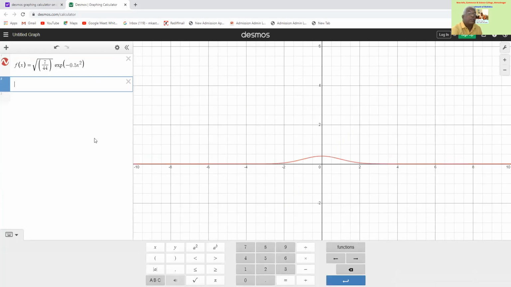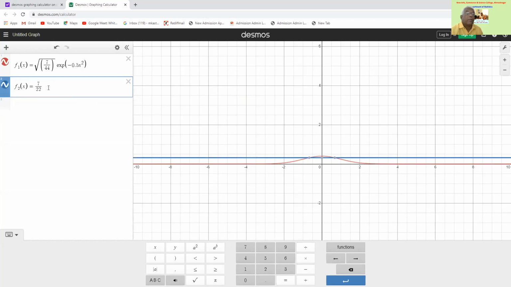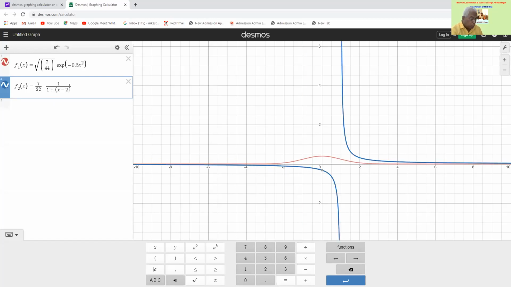And the second density I am going to consider, let us write this as f1x, is 7 upon 22, 1 upon 1 plus in bracket x minus 2 bracket square.